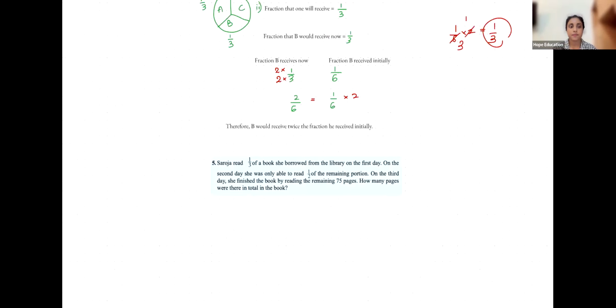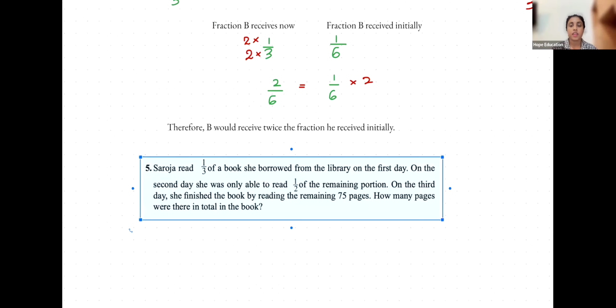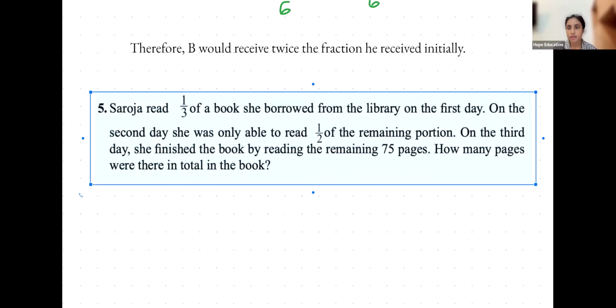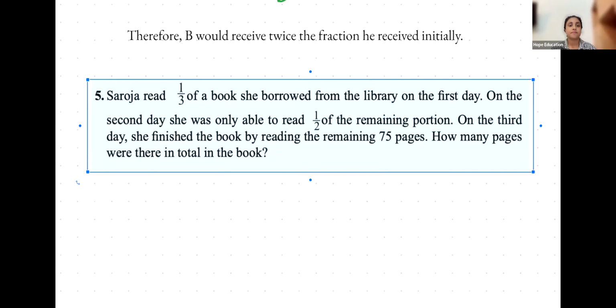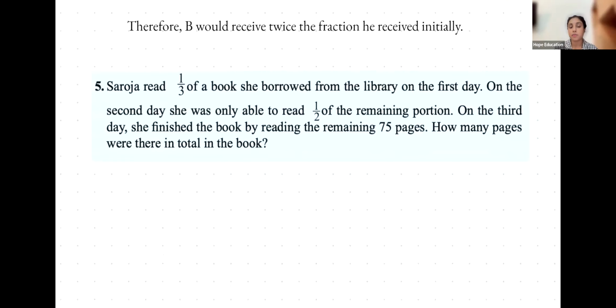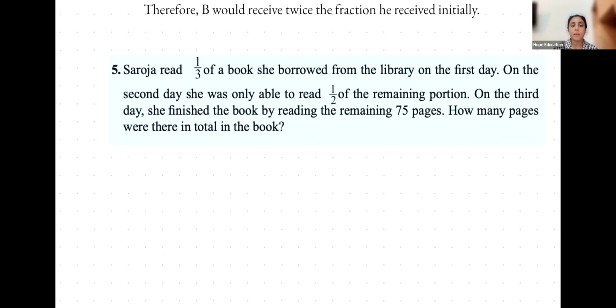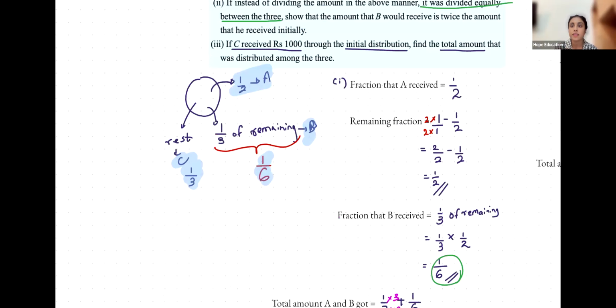Alright, let's move on to the fifth question. If you have lengthy recorrections, don't worry, I will send the whiteboard note. Saroja read 1 over 3 of a book she borrowed from the library on the first day. Children, I draw a diagram for all of these. I don't draw a diagram because I don't understand, I can process it now, but for you all to understand.